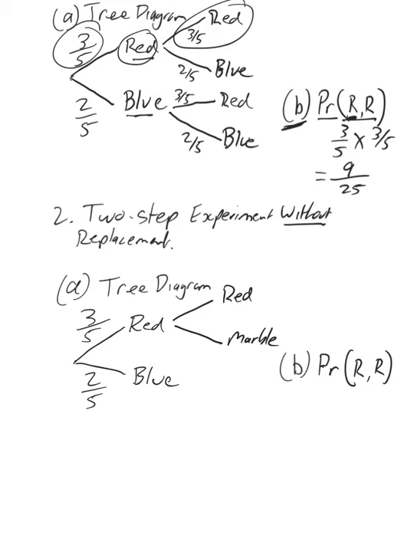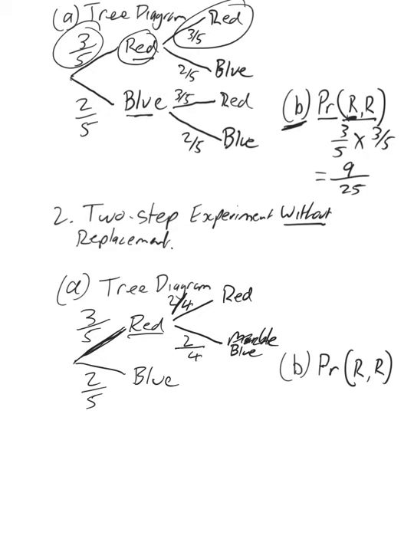So if we go up this pathway, we've got a red marble first, but this time in the bag we only have 2 red marbles left, and there's only a total of 4 marbles in the bag. And again, oops, this should say blue, that we have 2 blue marbles again out of 4.